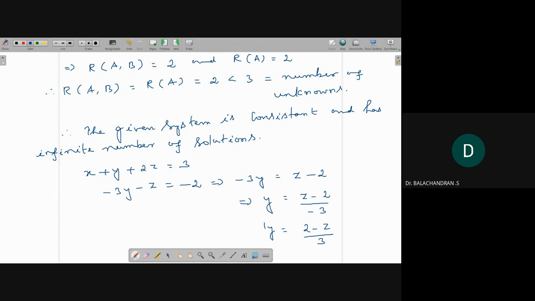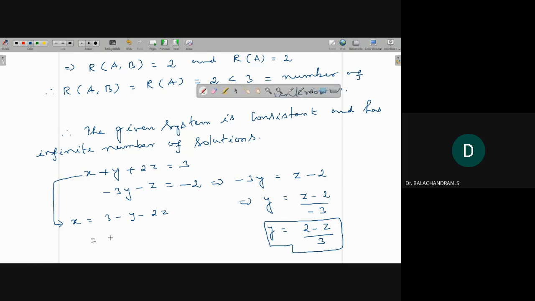Now I am going to substitute the y value in the first equation. I need x. From the first equation, x is equal to 3 minus y minus 2z. So 3 minus y is 2 minus z divided by 3, minus 2z.